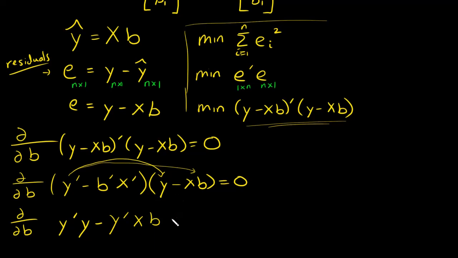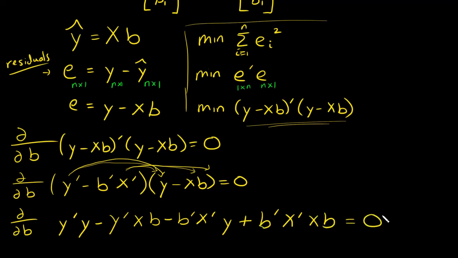And then I'll have this b transpose x transpose times y, so that's negative b transpose x transpose times y, and then b transpose x transpose times, so it's positive b transpose x transpose times xb, equals 0. Make sure I should have 4 terms. 1, 2, 3, 4. Good.